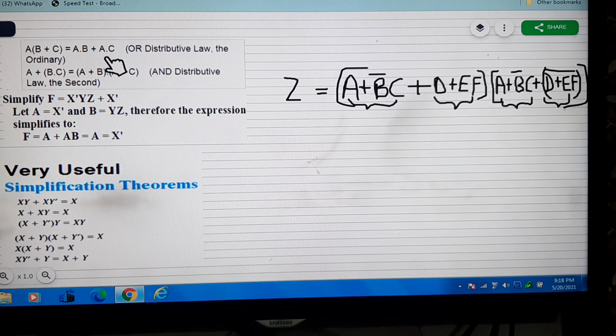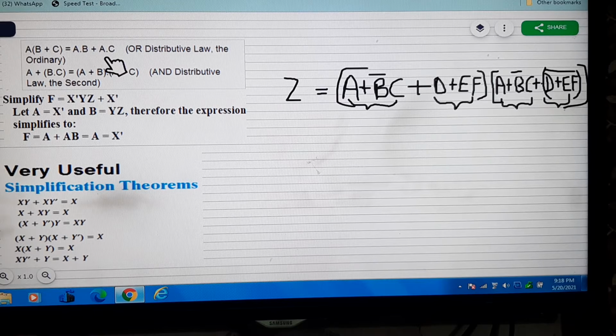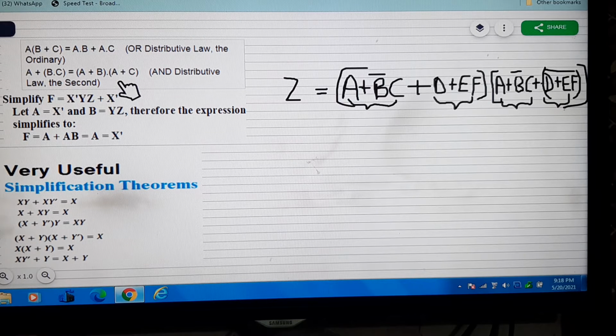Now, this is the ordinary distributive law. This is the second distributive law. Both these laws are very useful in manipulating Boolean expressions.